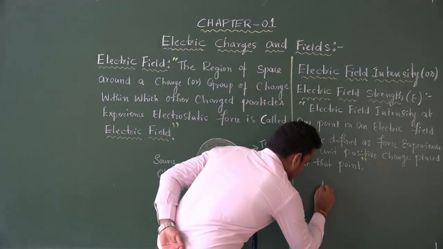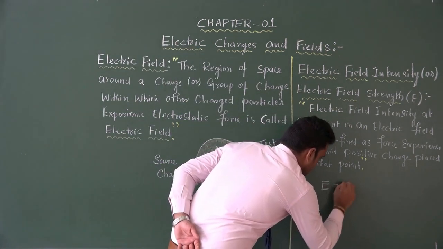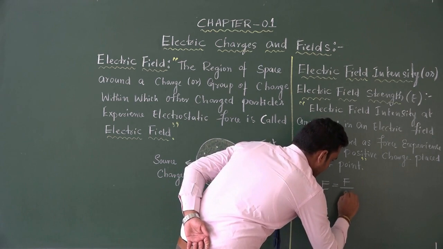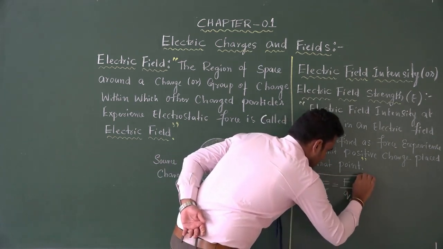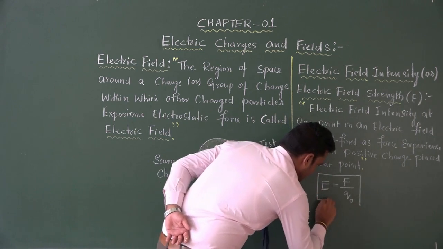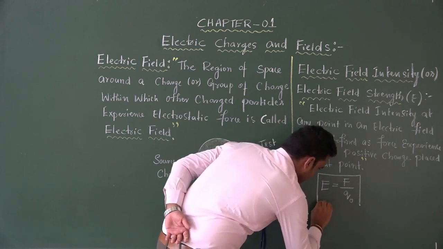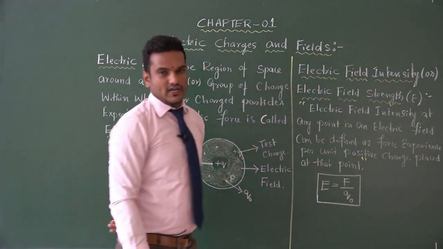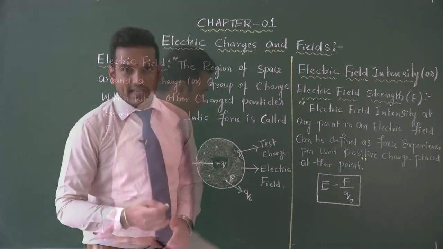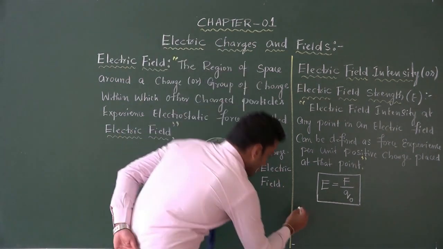Mathematically we can represent E is equal to F by Q naught. This is the equation for electric field intensity: force per unit positive charge placed at that point. Electric field intensity is a vector quantity.